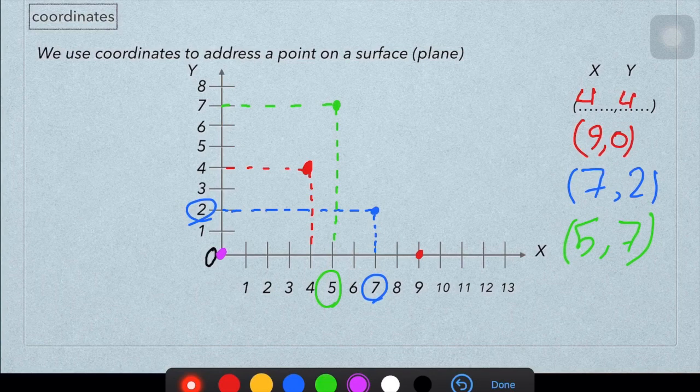Well, brilliant. It neither has x or y. So all of them, or both of them, are 0. So 0, 0 is the coordinate for the purple dot.